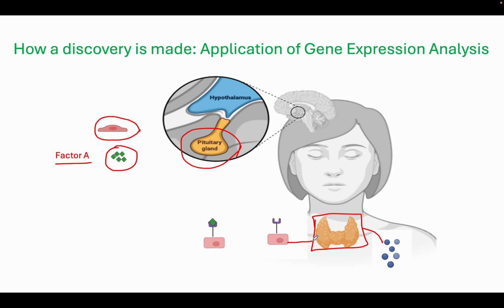And I also studied a paper where I found that on the surface of follicle cells of the thyroid gland, there are receptors, and one of the scientists has reported that these receptors have been found to be attached with the factor A, which is actually coming from the pituitary gland.